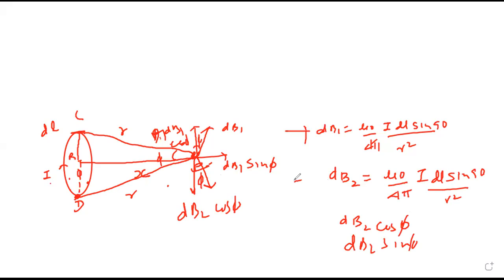Are these two same or different in magnitude? Just check what you can see. Same. So dB1 cos and dB2 cos are the same, one upward and one downward. The result will be zero, right? Yes.